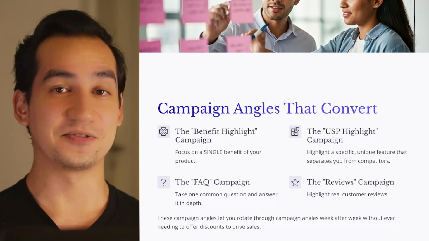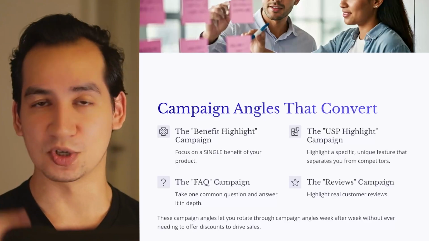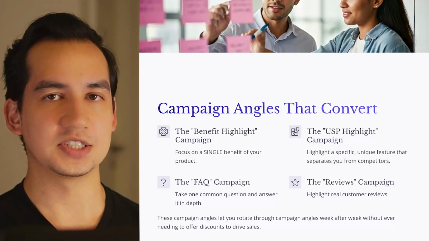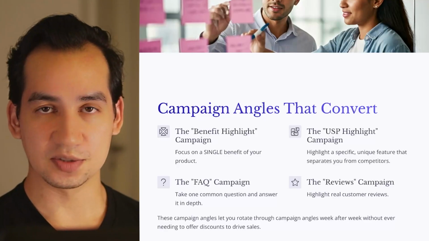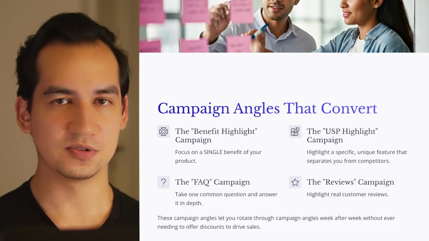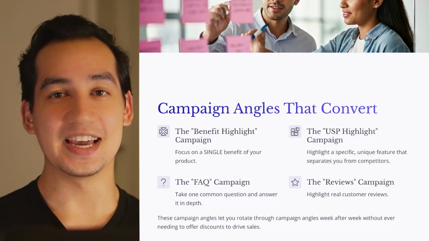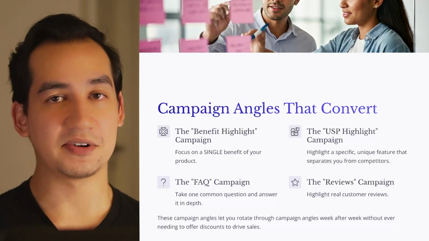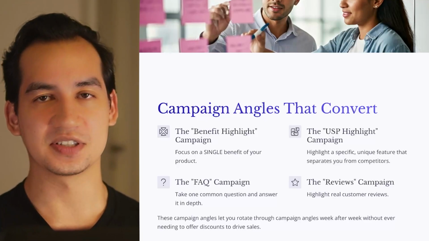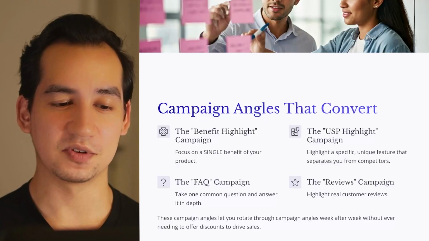So figure out what your common customer questions are. You'll see these in your customer reviews, your FAQ page, or your customer support emails. They'll be asking, how long does it take to do this? And just answer that in an email. That's super valuable because these are questions that people already had, but didn't feel like asking for whatever reason.